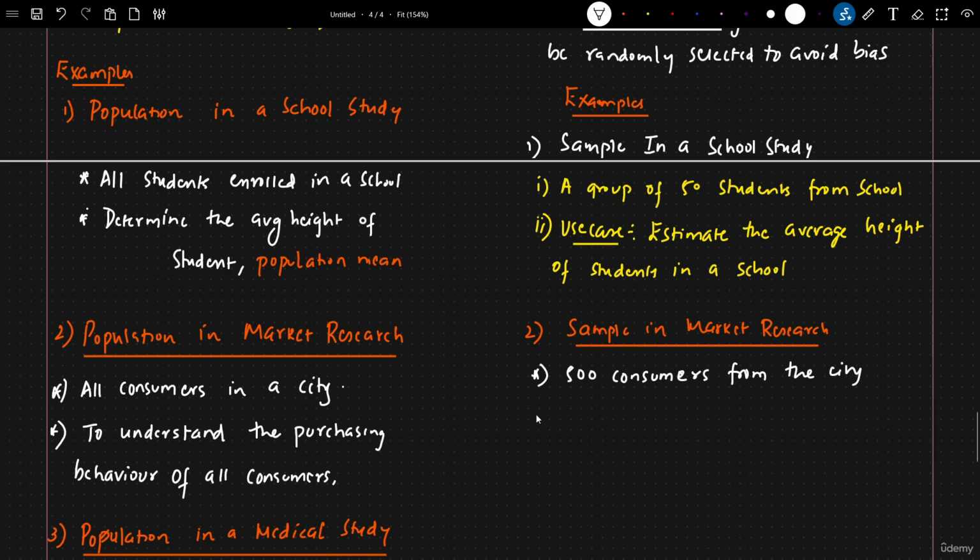If we understand these 500 consumers' purchasing behavior, you can generalize this behavior to the entire population. So this is one specific example.